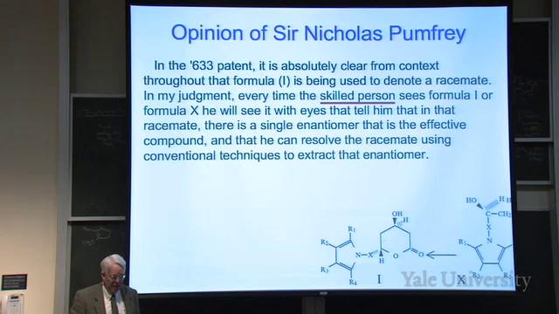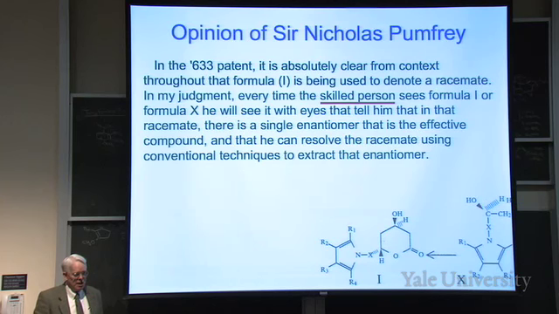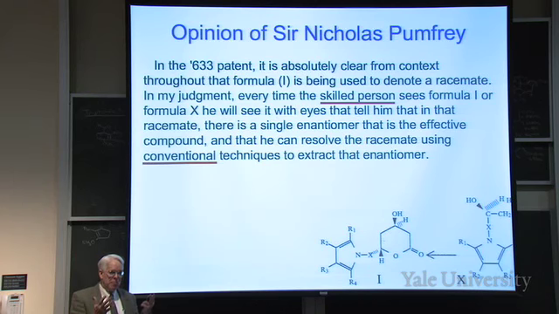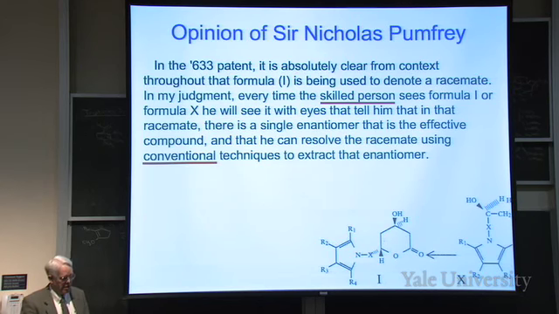So you don't have to be creative to know that. And he will know that he can resolve the racemate using conventional techniques. He doesn't have to invent something new in order to get from that mixture the one that will be the active one. Okay, so that's not creative.